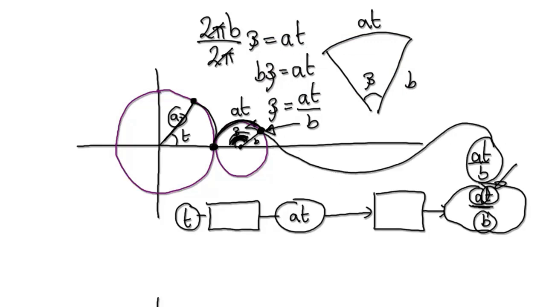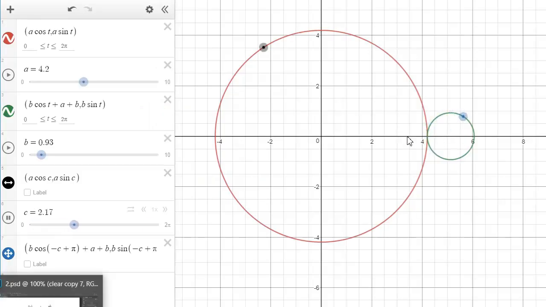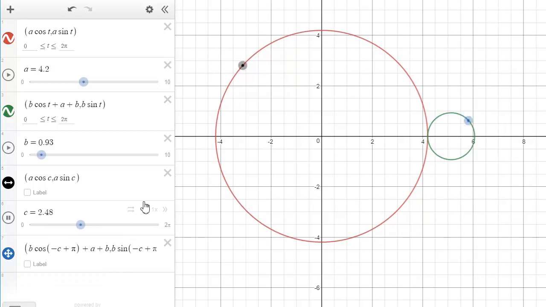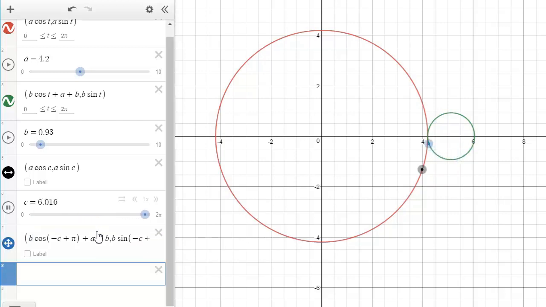So let's go back to here. The location of the blue particle will be this. The angle would be this. Instead of the angle C, it would be AC over B. You've got to change the other components, the Y components as well.